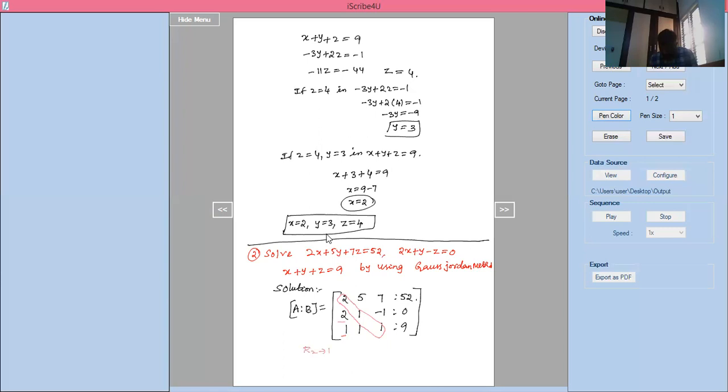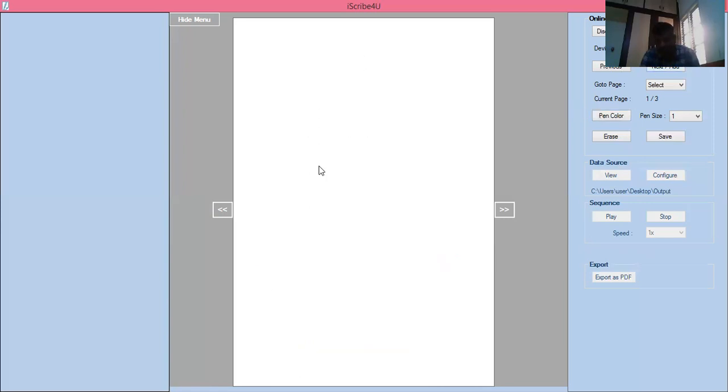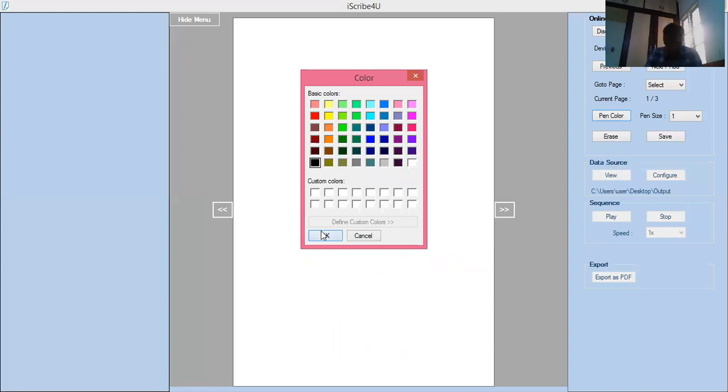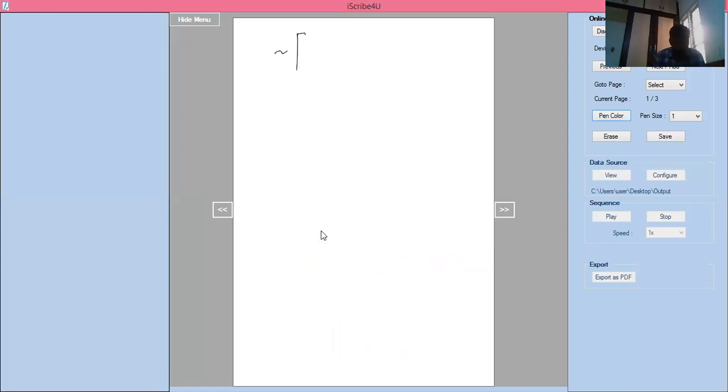Now first these two elements I have to make 0. R2 becomes R2 minus R1. Similarly, R3 becomes 2R3 minus R1. If we simplify this, the first row I'm not doing anything, I'm writing as it is: 2, 5, 7 augmented with 52.